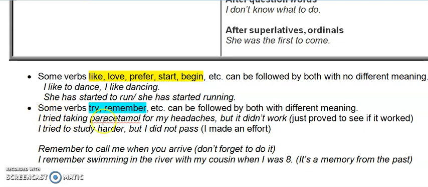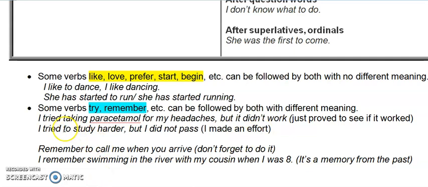I tried taking paracetamol for my headaches, but it didn't work. The verb try here means just to see if it worked, right? It didn't mean any effort. I didn't have to perform anything difficult in order to see if it worked or not. Just see if it worked, right?